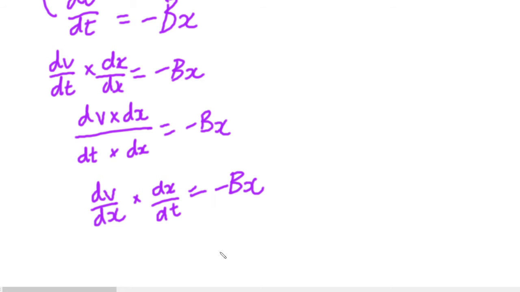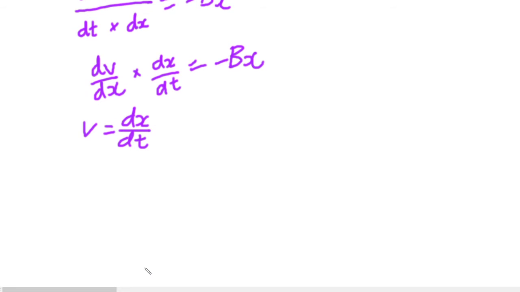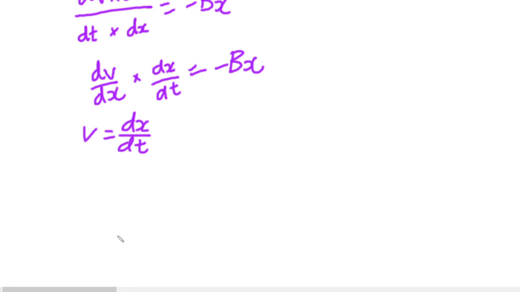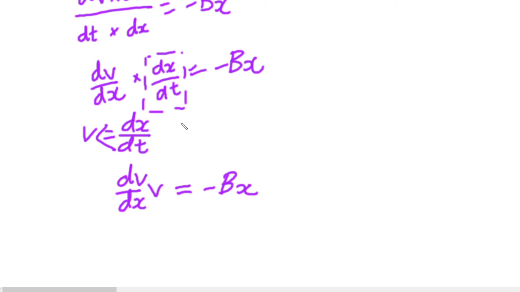And since v is dx by dt, as we learned in my kinematics video earlier, or just in your studies somewhere, we can make this substitution and write dv by dx times v is equal to minus bx. And you see how we transform this term into the symbol v.